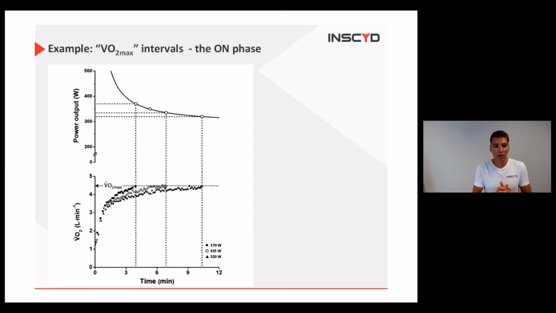So how do we choose now if we want to ride, or we want to prescribe a training which is 4 minutes, or let's say 8 minutes? How do you know that, when you know that in both scenarios, the athlete will arrive at VO2 max? How do you decide which one it is?